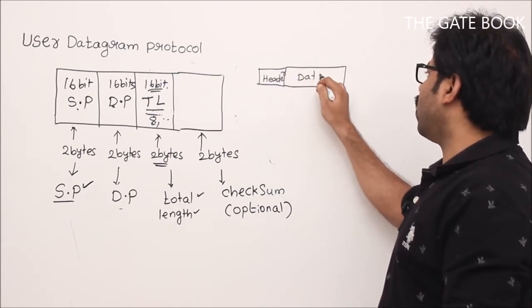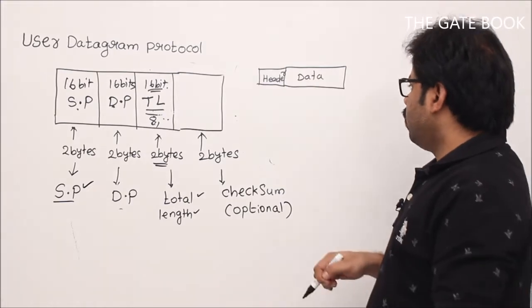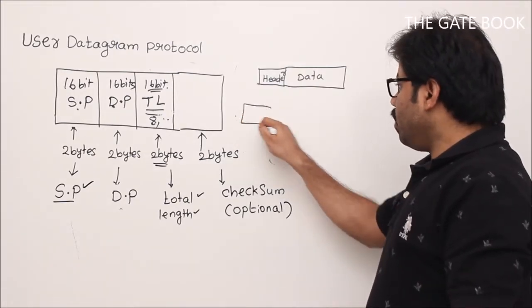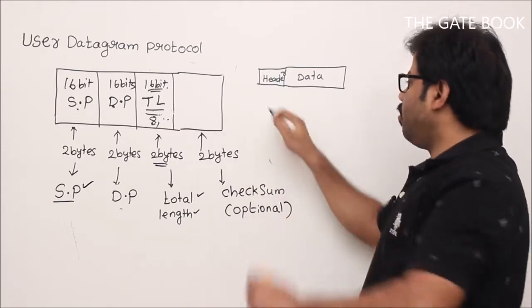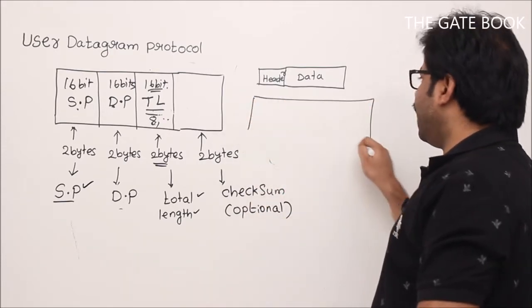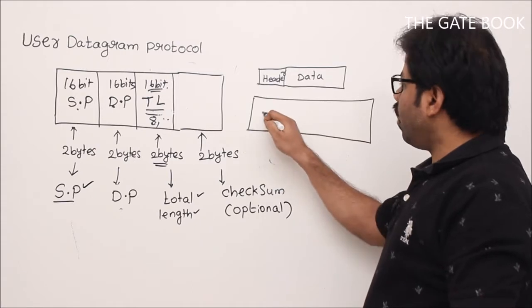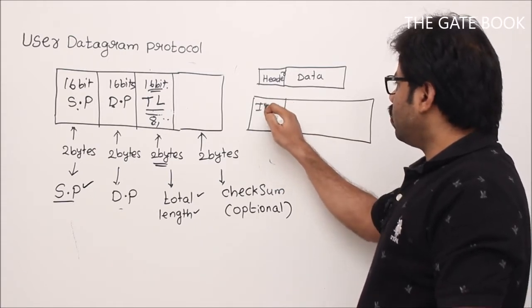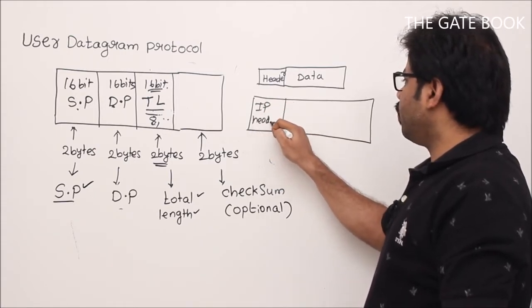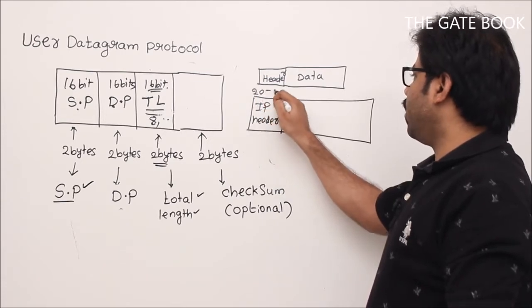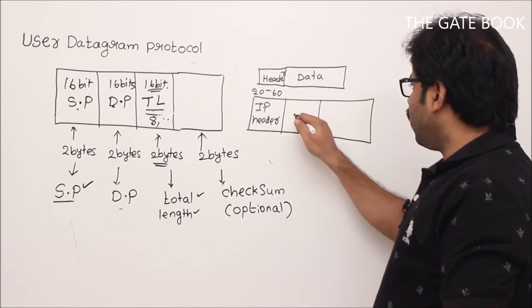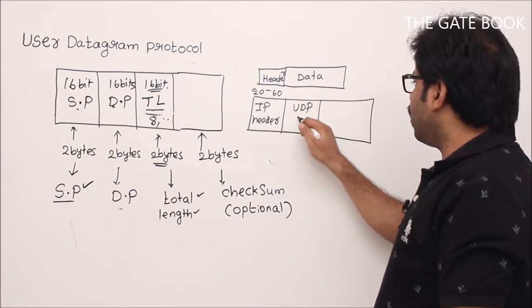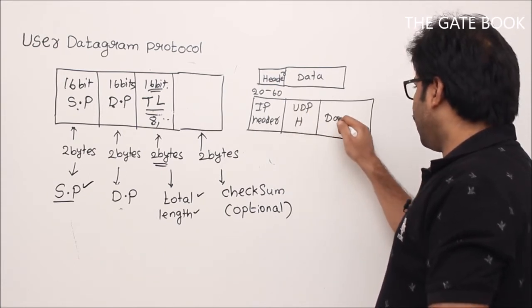This entire thing, let's call a UDP packet. This UDP packet you are going to keep in an IP packet, correct? So this is your datagram. In the datagram you have the IP header, okay? The IP header is 20 to 60 bytes. Then this part, if I embed it here, will be the UDP header followed by data.